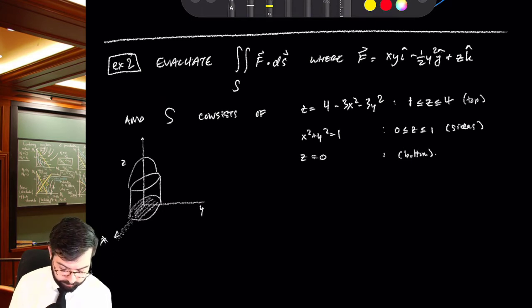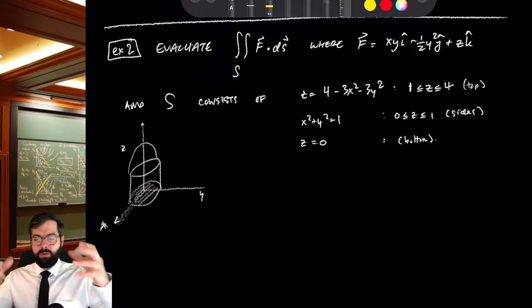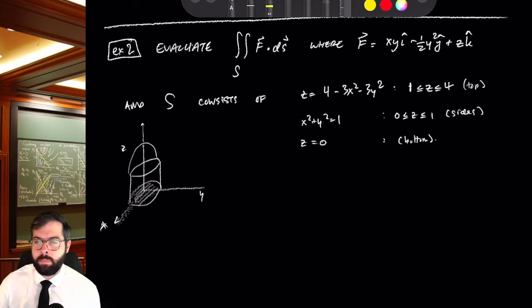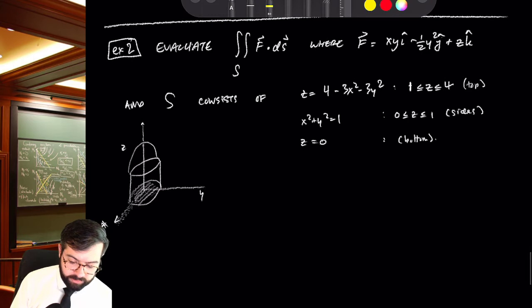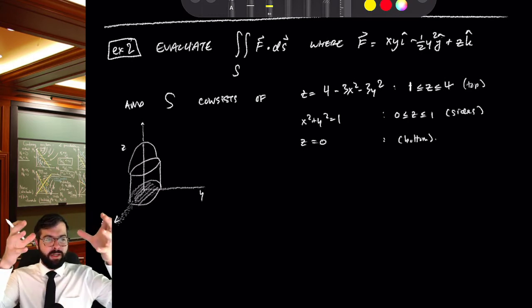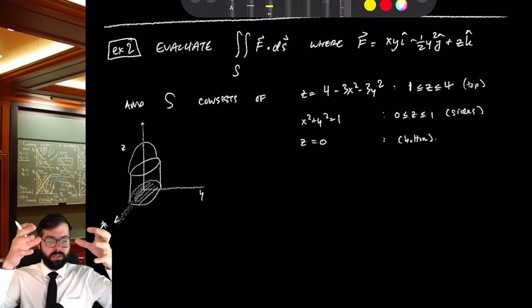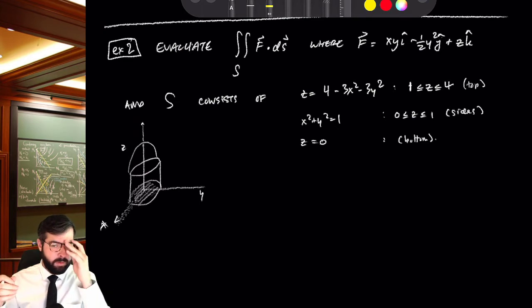So that's the surface as the boundary of this whole thing. Calculating this flux integral, we'd have to break it into three parts for this surface.